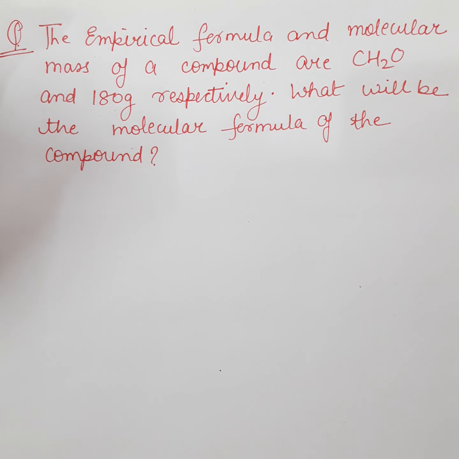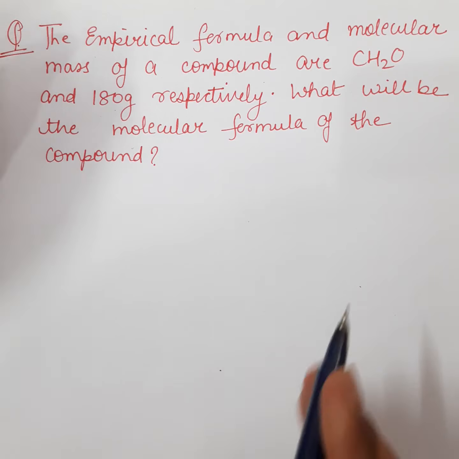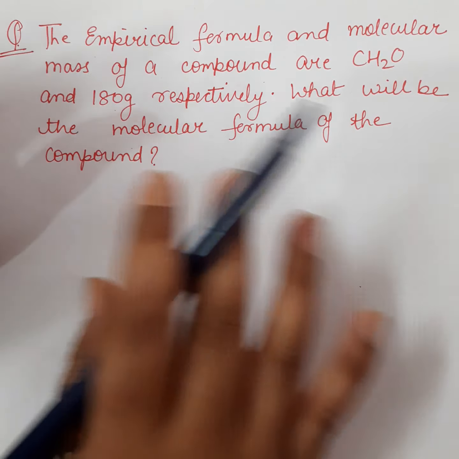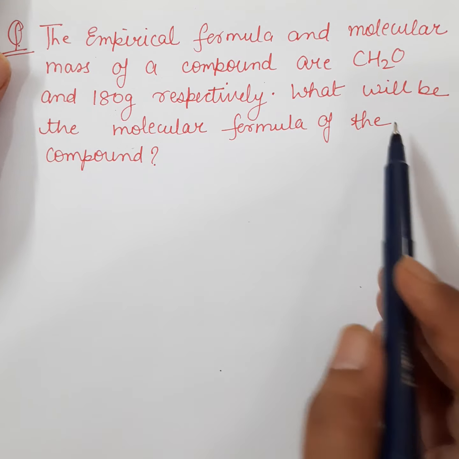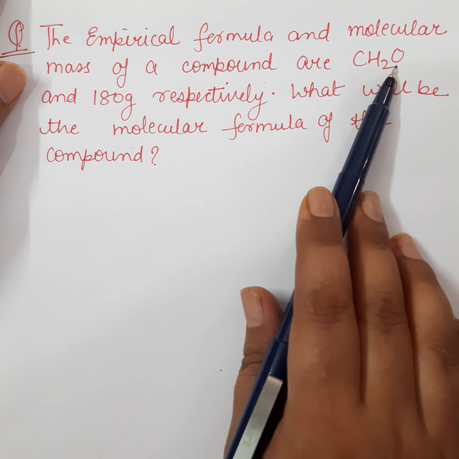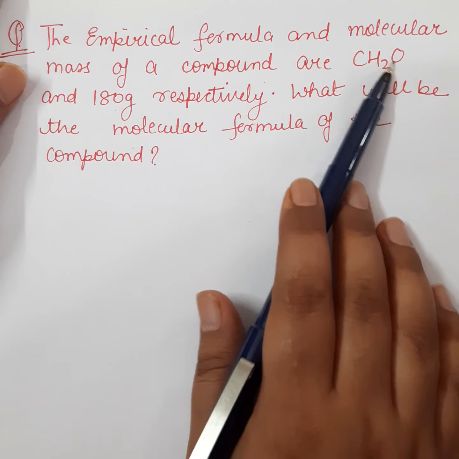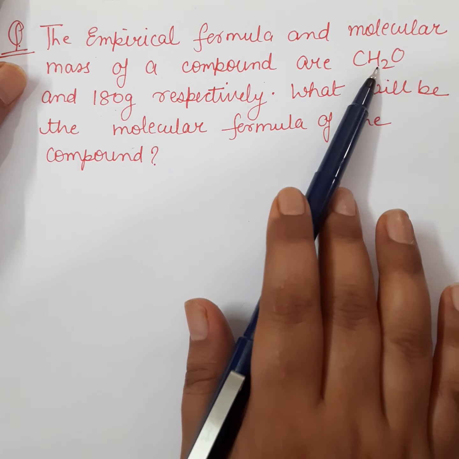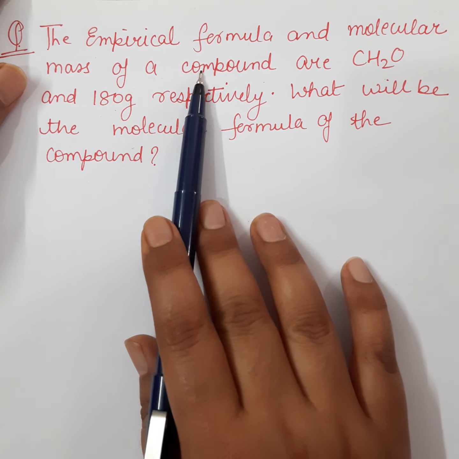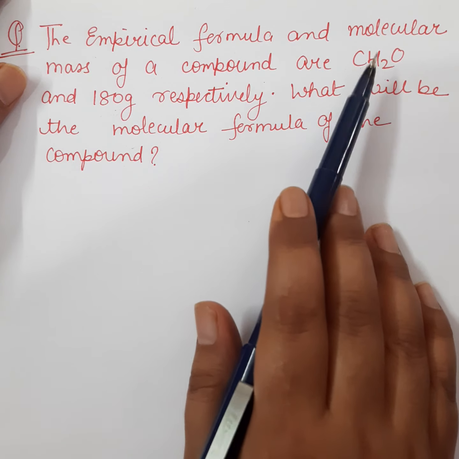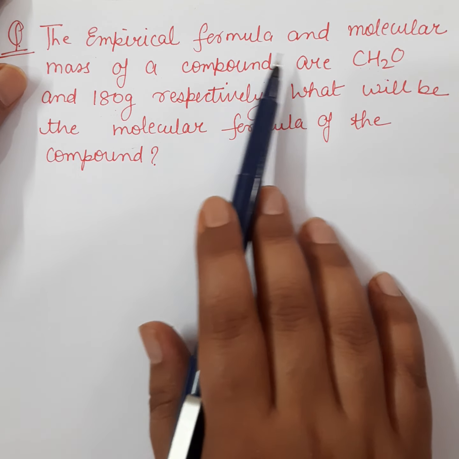First of all, there is no need to identify the empirical formula, because it is given to us in the question. If it is not given and the percentage of each element is given, then you have to calculate the empirical formula.